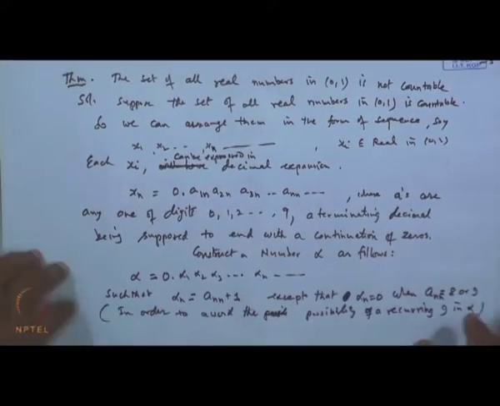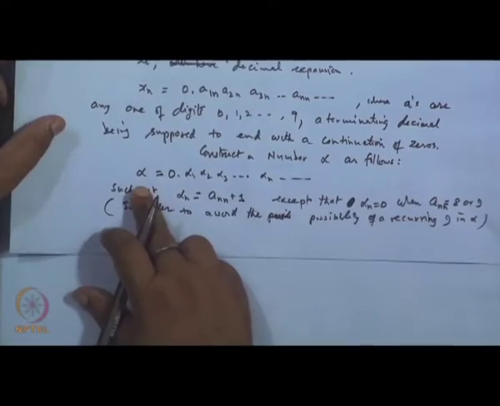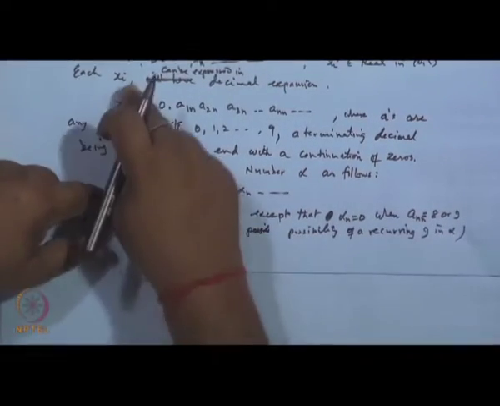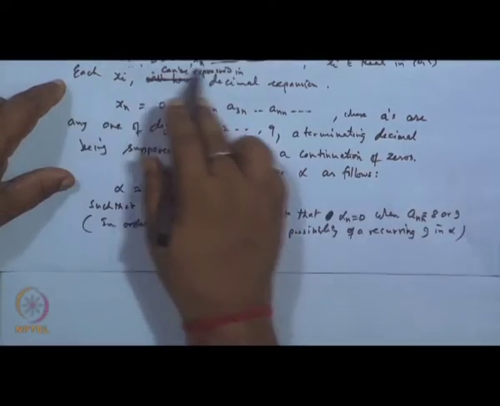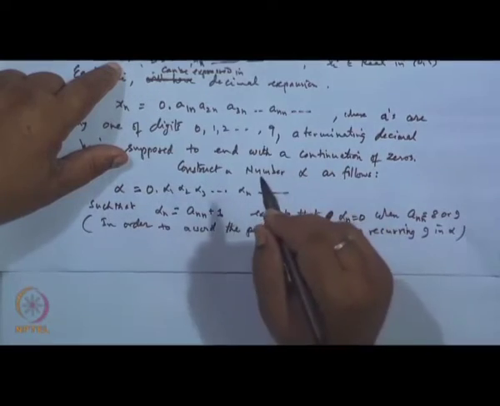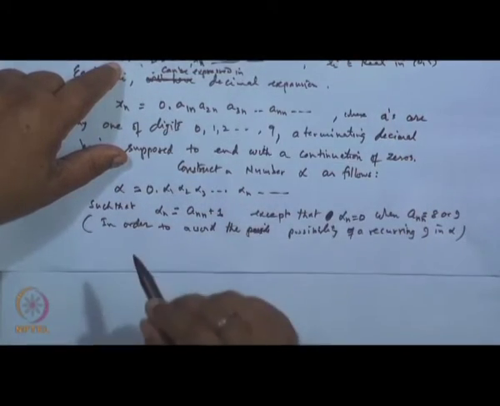Now, we claim that this point alpha so constructed differs from any term x 1, x 2, x n of the set of the points in 0 1. Why? At least at one place.